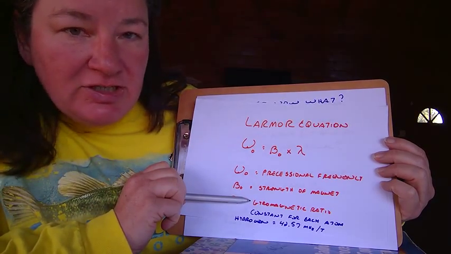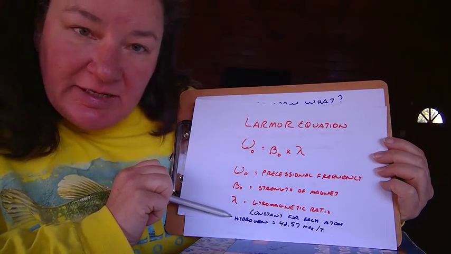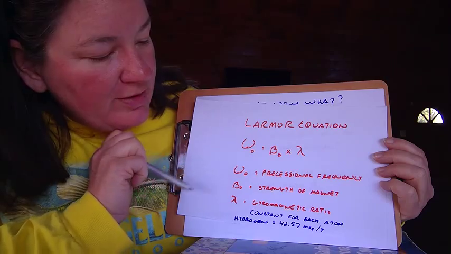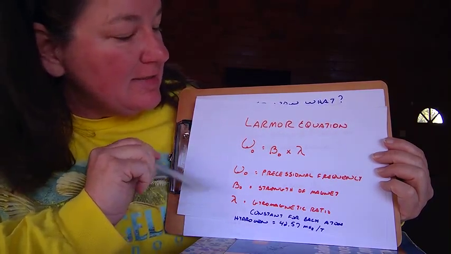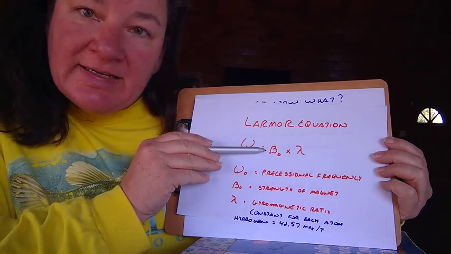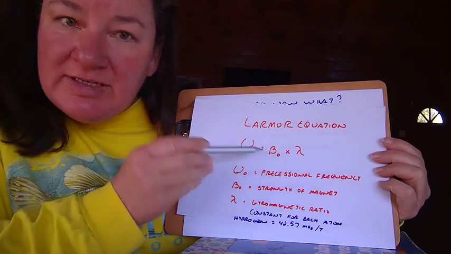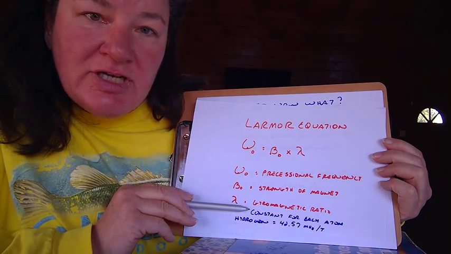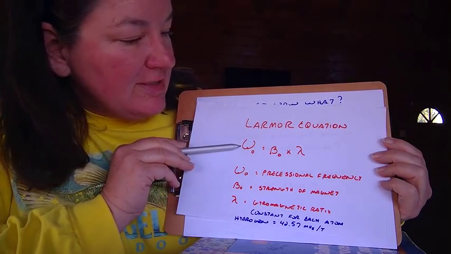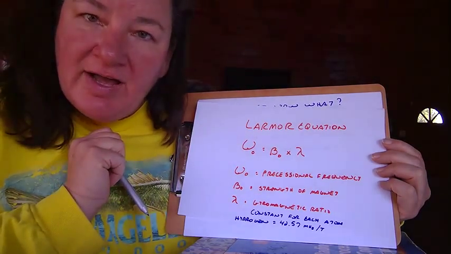The gyromagnetic ratio is constant for each atom, and for hydrogen in particular it is 42.57 megahertz per Tesla. So depending on the strength of your magnet, for example a 0.5 Tesla, 1.5 Tesla, or a 3 Tesla magnet, you multiply that by your gyromagnetic ratio, and then you have the precessional frequency specific for hydrogen, which is what we're trying to find using MRI.